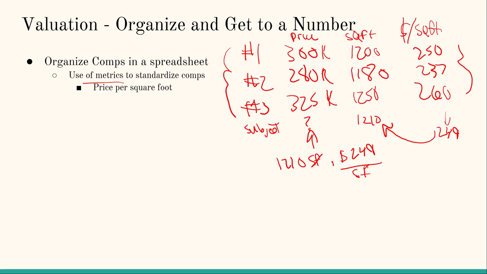And you see the square feet cancel, and you get 301,290. Okay, so that could be your value. You have the averages, you apply the average to the number of square feet in the subject property, and that will give you an estimate of the value based on the comps.